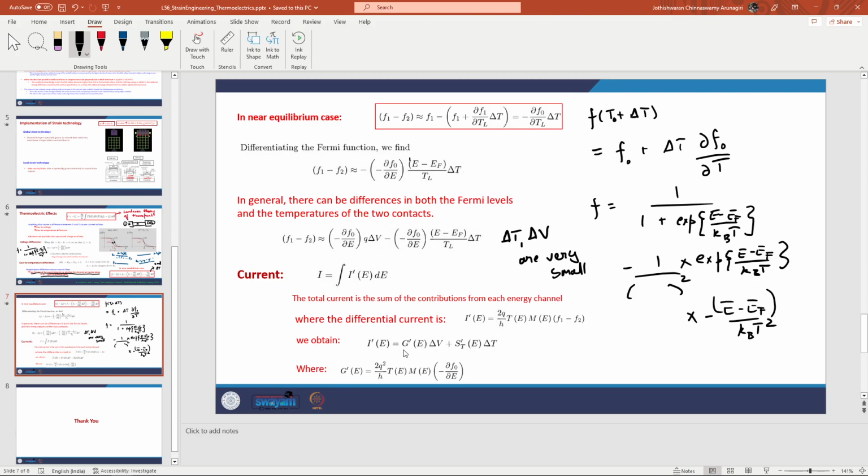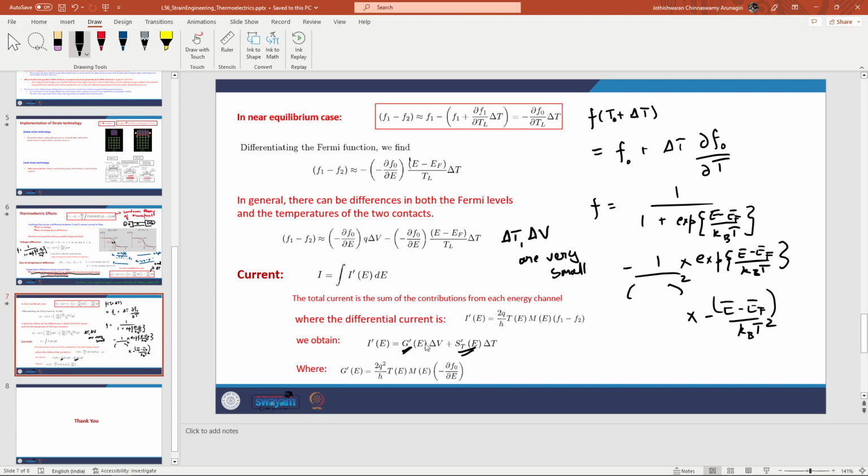That essentially was a function of E, and we integrated that, counting the number of modes and so forth. So now, similarly, the integrals over here would yield a conductance, a specific conductance for energy, and a temperature dependent coefficient. So this quantity will have the units of conductance, whereas this will not. This will be ampere per Kelvin.